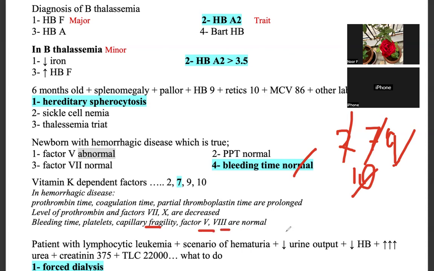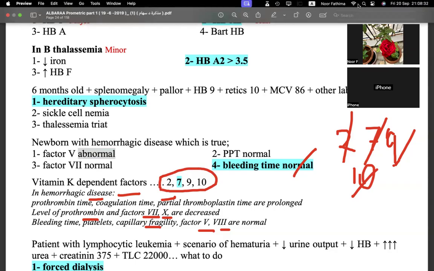Any factor other than 2, 7, 9, 10 will be normal. So prothrombin, factor 7, and factor 10 are decreased. So you see prothrombin time, coagulation time, and partial thromboplastin time is prolonged. So to remember all this, you should remember these numbers, then you can remember everything.